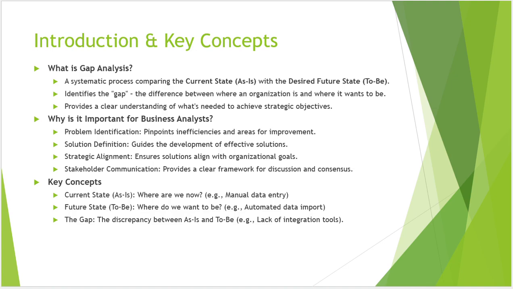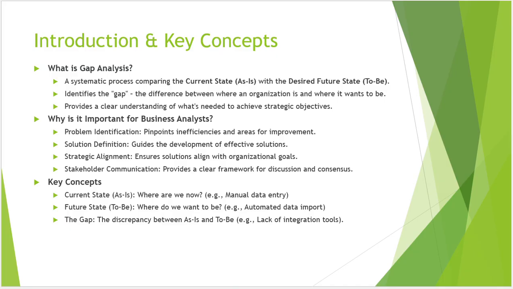Then problem identification: if you do a 360-degree view with the gap analysis, you will be able to understand where the exact problem is, the pain points, inefficiencies and areas of improvement. You should identify the pain points, and also the areas that are working correctly but that we need to improve, so the end user gets a better experience using the system. Then solution definition guides the development of effective solutions. It will help the business analyst improve their solutions and guide how the system should work.